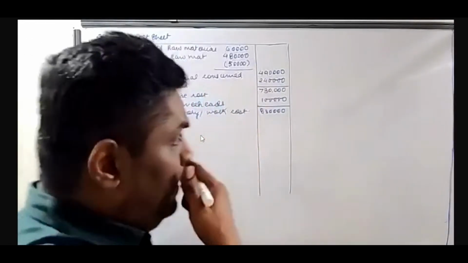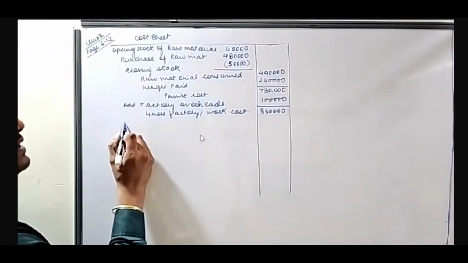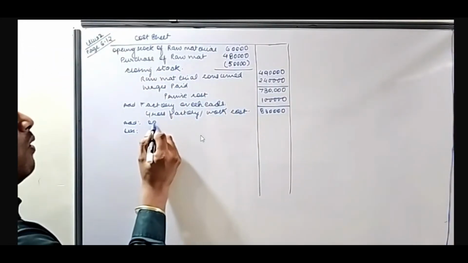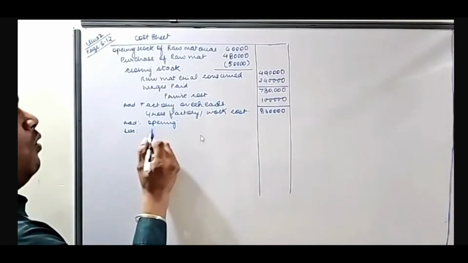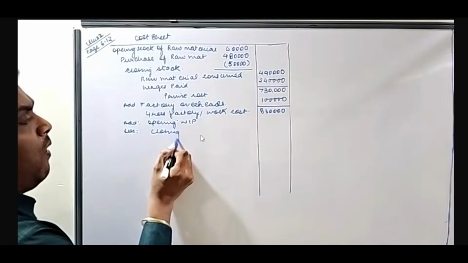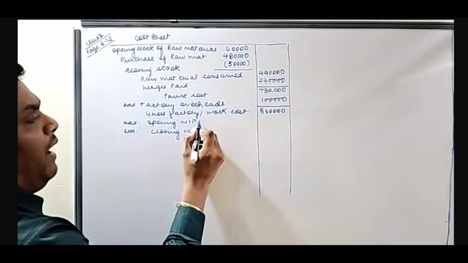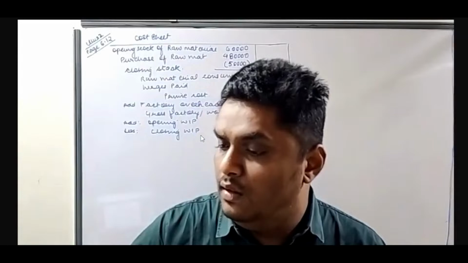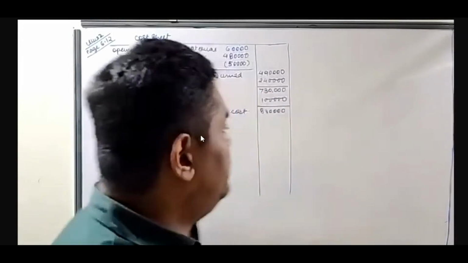Now, in this, we will make adjustments of opening and closing work in progress. So add and less opening work in progress and closing work in progress. It is 12,000 and 15,000.